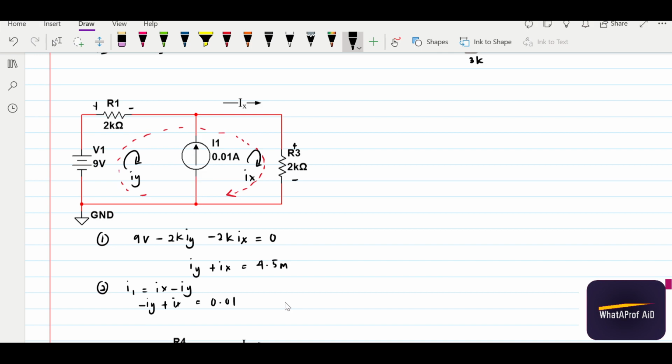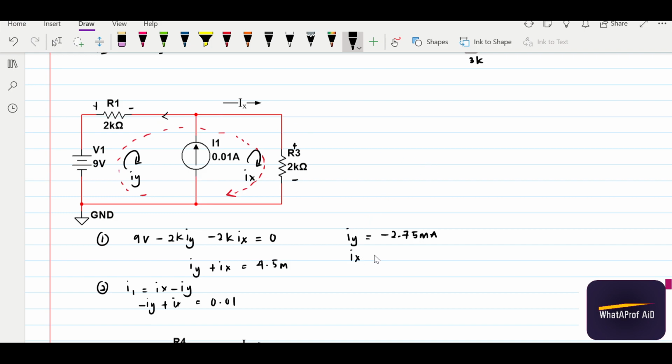Okay, so by solving these two equations, we will get iy as negative 2.75 milliampere, which means in actual the current flows in this direction, after this node.